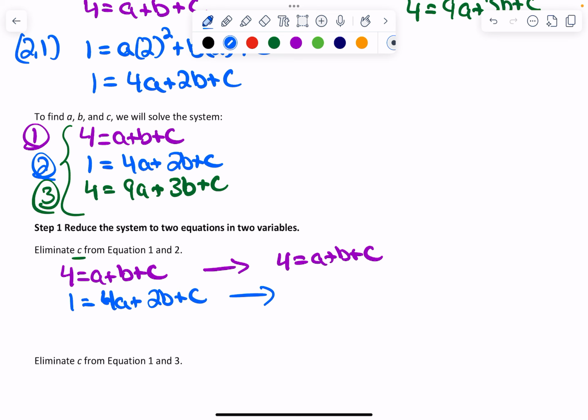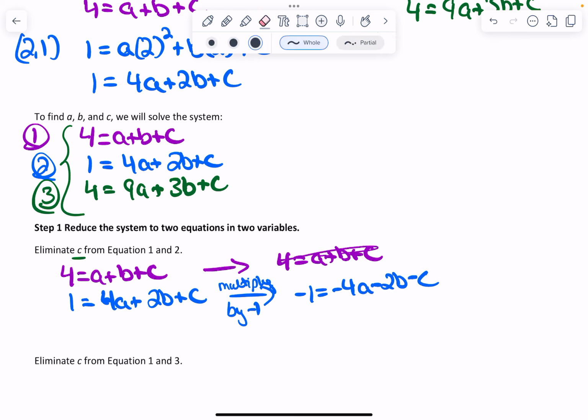We can do that with either one of these. But -4a minus 2b minus c. You know what? I'm going to move this a little bit, so that I'm aligned with the b and the c.